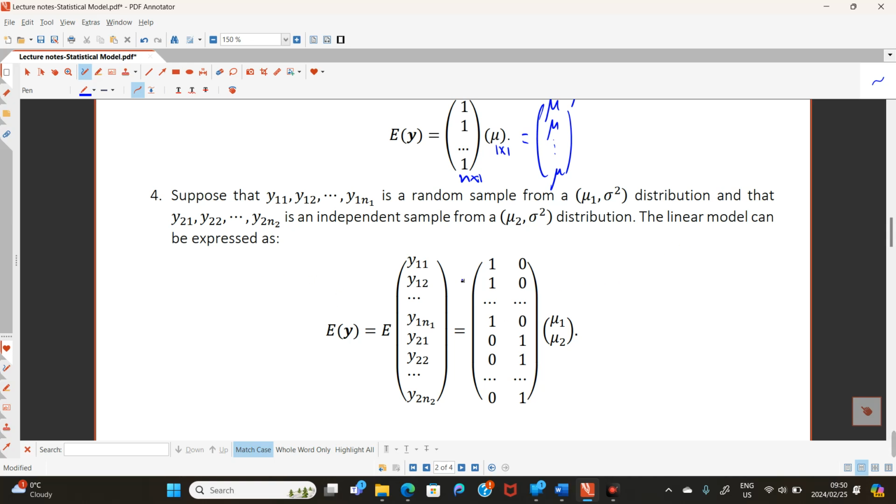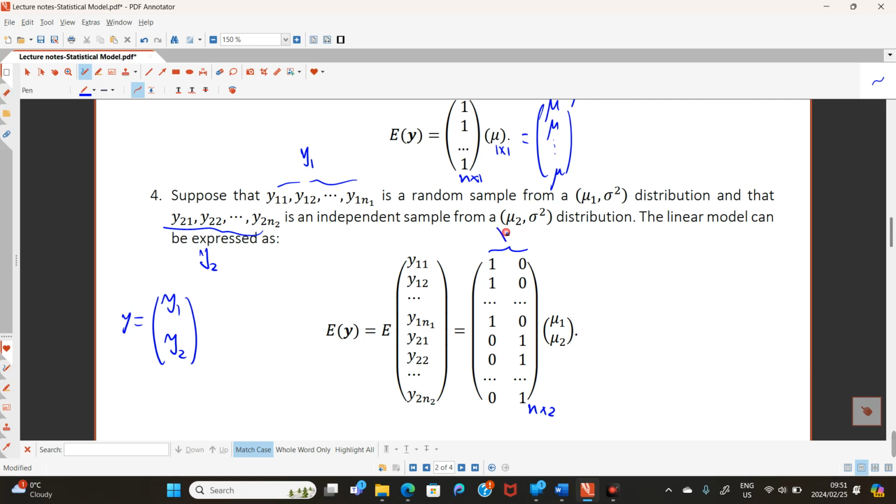So the linear model can be expressed in this way. I merge these two samples, or better say I augment them. If I denote this sample with a vector y1 and this sample with y2, I have this augmentation here, column wise. So I put all the sample points on top of each other, and then I can write the expected value in this way. You will see here we have an n by 2 matrix as our design.